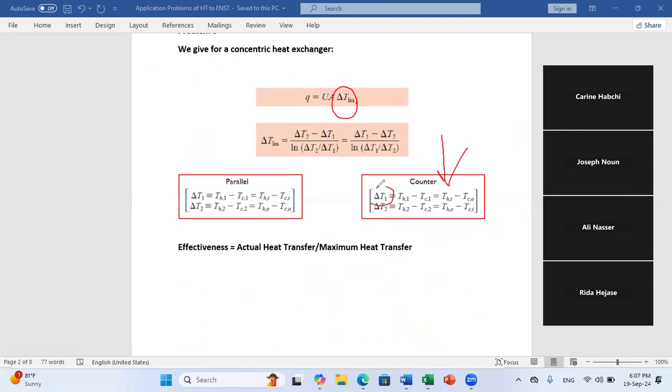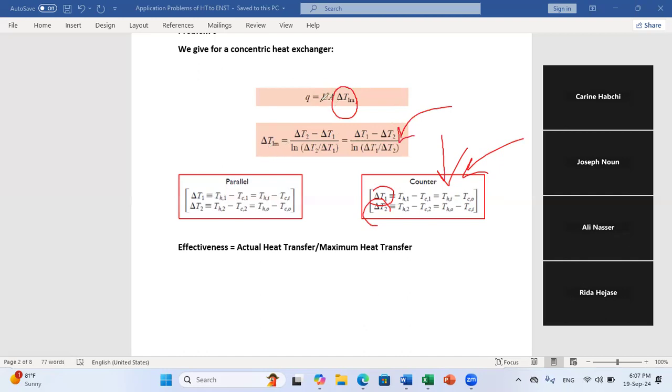For delta T1, it's T hot inlet minus T cold outlet. And for delta T2, it's T hot out minus T cold in. We have calculated the missing temperature, so we can evaluate delta T1 and delta T2. Once we have them, we just plug them into this formula to get the expression of delta T LM.